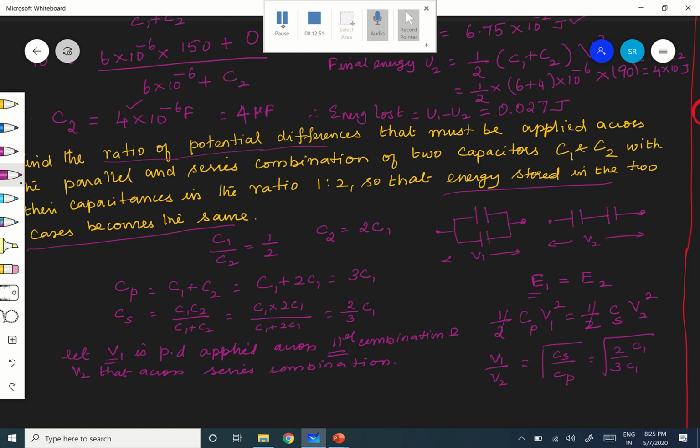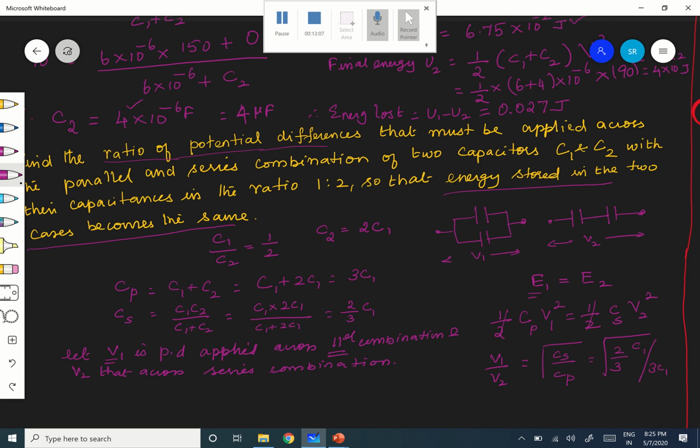Sorry, C1. It is not 2 by 3 C1. Okay, 2 by 3 C1 divided by CP. What is CP? It is 3 C1.